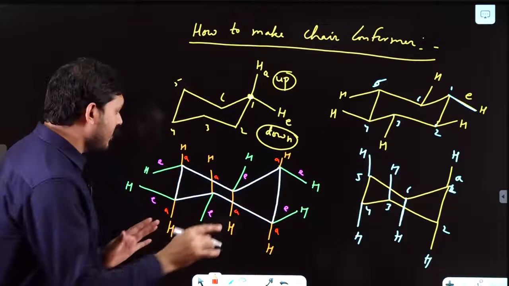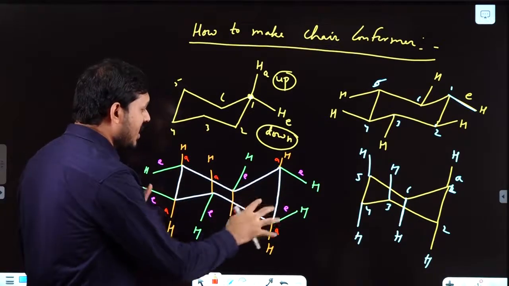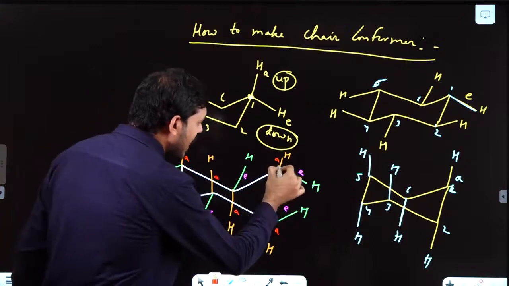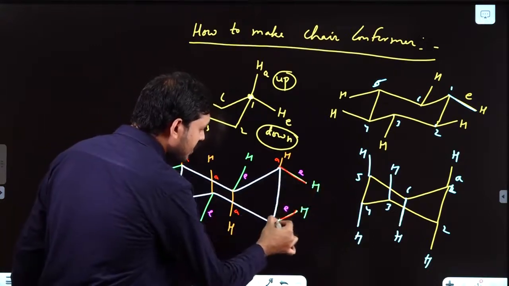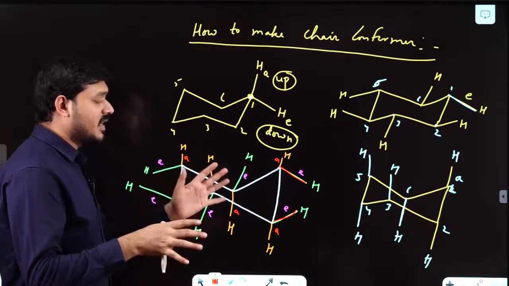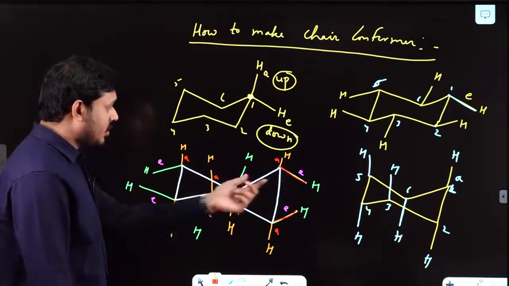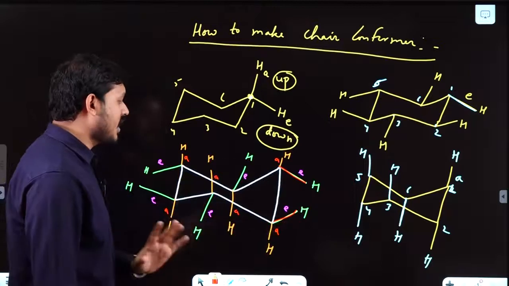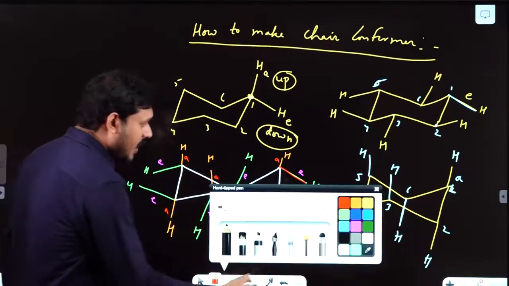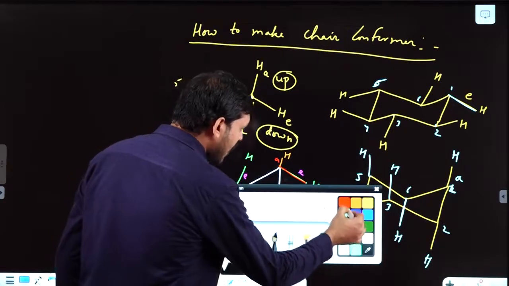So understand, when you will observe this chair conformer in 3 dimension, then you will find that this hydrogen and this hydrogen are not actually in same sides, they are actually in different sides. Okay, so there is no as such repulsion.